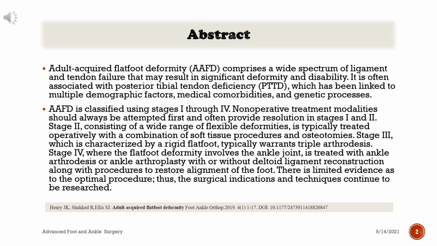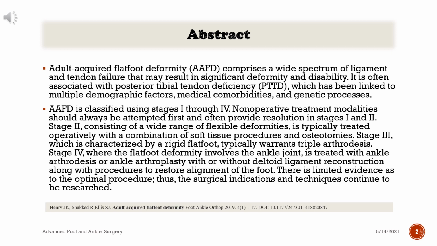Non-operative treatment modalities should always be attempted first and often provide resolution in stages 1 and 2. Stage 2, consisting of a wide range of flexible deformities, is typically treated operatively with a combination of soft tissue procedures and osteotomies. Stage 3, which is characterized by a rigid flatfoot, typically warrants triple arthrodesis.